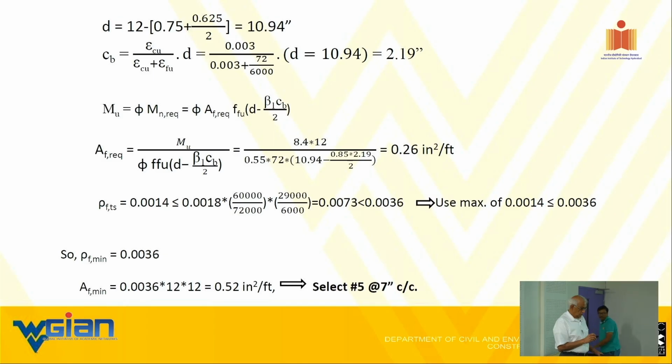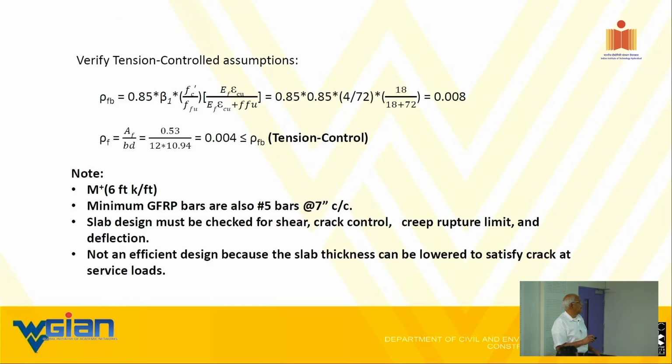So we are making a check. First we want to make sure it is tension controlled or not. That's what we did based on the balanced approach, which we talked about first thing in the morning today.